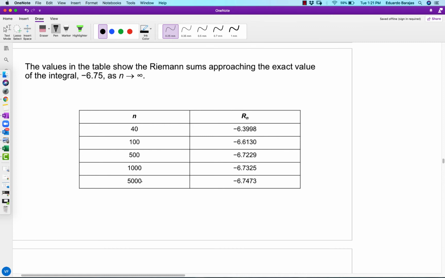Of course, we have the benefit of calculators and computers to help us do these very large cases. So in some real-world applications, that might be good enough. But all we want to establish here is the pattern that as n gets larger and larger, the sum of n rectangles gets closer and closer to the real answer.